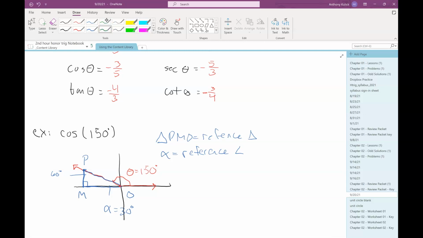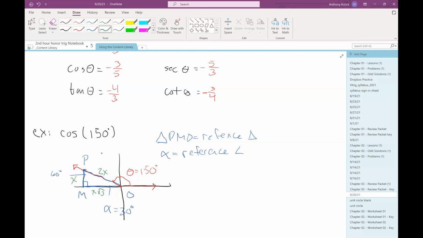Well, I know the side lengths for a 30, 60, 90 triangle: x, x root 3, and 2x. But that's not quite right in this situation. What quadrant do you notice point P is in? It's in the second quadrant, right?